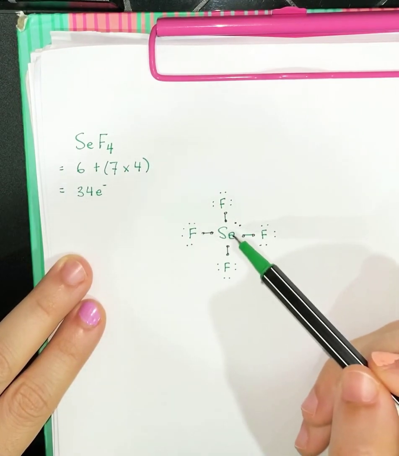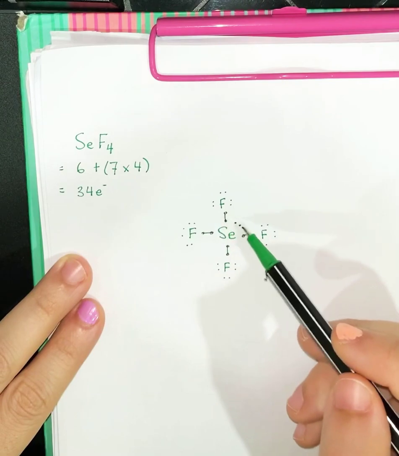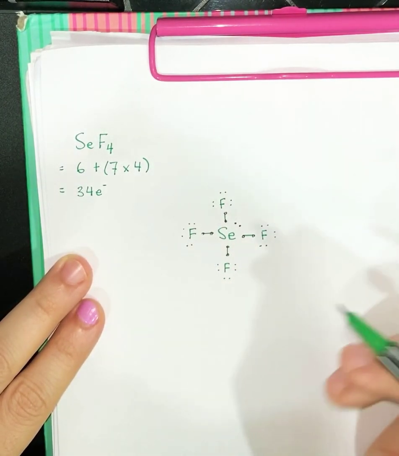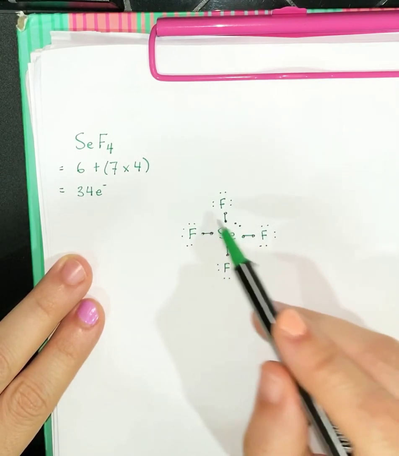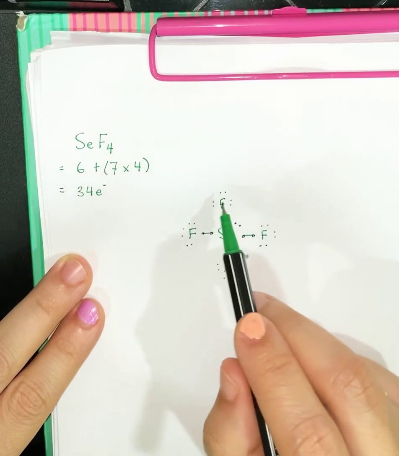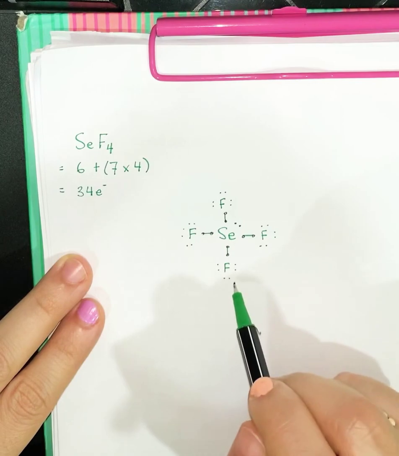Okay? So it doesn't matter that now selenium has 10 around it. That's fine. You were taught that they must follow the octet rule. The terminal atoms, which are the ones surrounding the central atom, have to follow the octet rule. They must have 8 surrounding them.